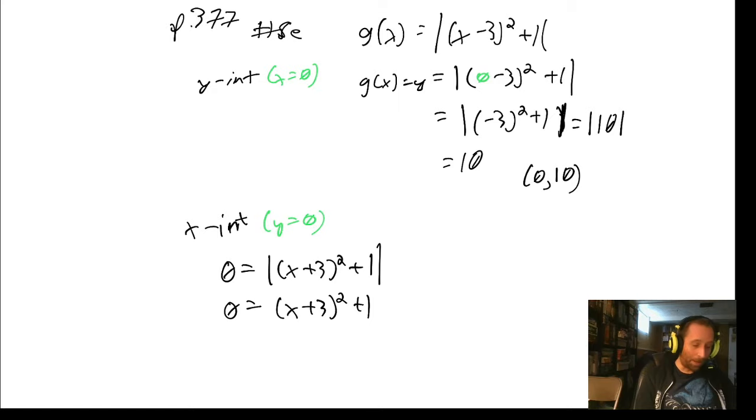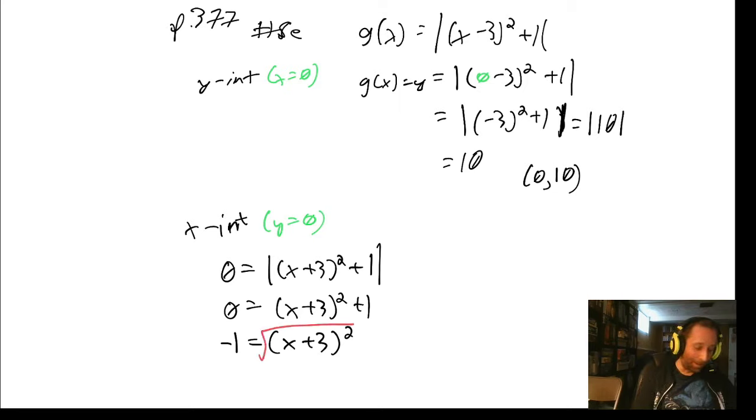Well, thinking back to your quadratics, this is in an excellent state for us to use completing the square on. So if we subtract 1 from both sides, we get -1 equals x minus 3 squared. And now we want to solve this for x.